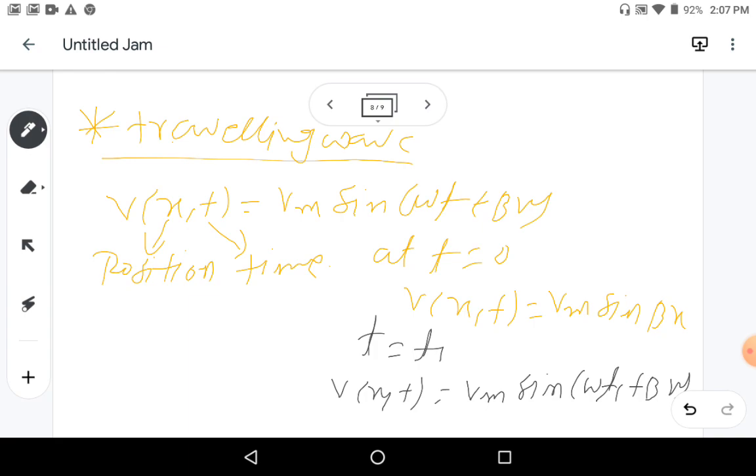Now draw the curve Vm sin of omega t plus beta x. Because the angle omega t1 is added to beta x, the curve is leading.